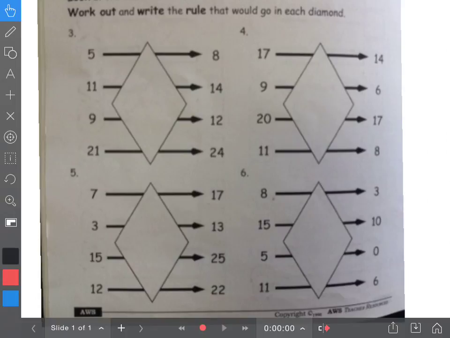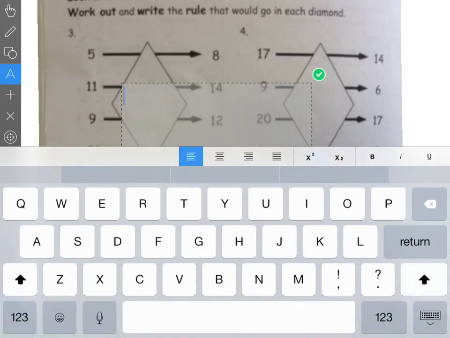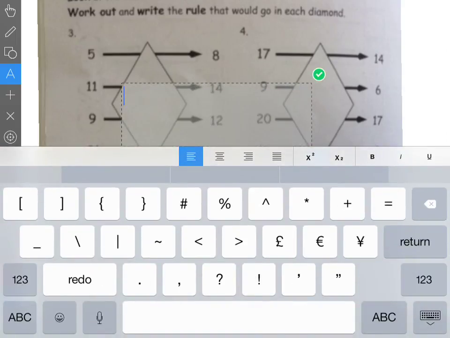Ella Rose, what do you think it is? 3. What about 3? Do we take 3 off? What do we do? Does it work for all of them? Yes. The first one. So this is where you can type it in. So you go to the plus sign over here, plus 3.